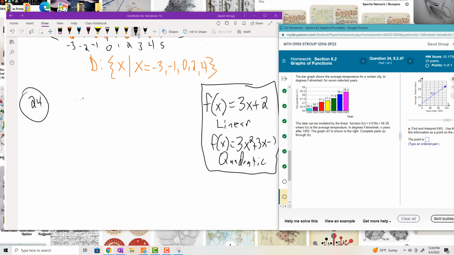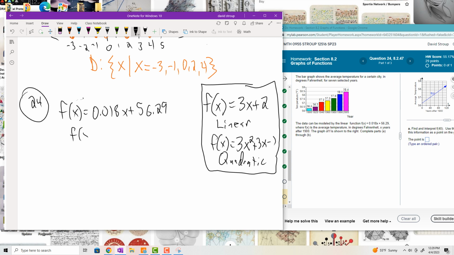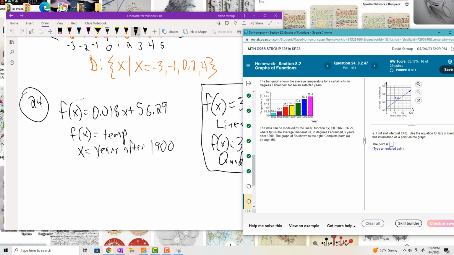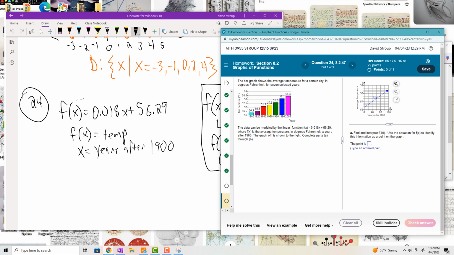Okay, so anyways, the data can be modeled with this linear function f of x equals 0.018x plus 56.29, where f of x is the average temperature x years after 1900. Complete parts A through B. So part A, find and interpret f of 40 and use the equation for f of x to identify this information as a point on the graph.